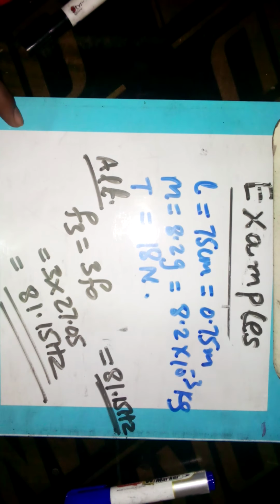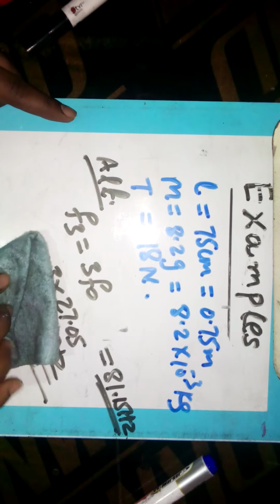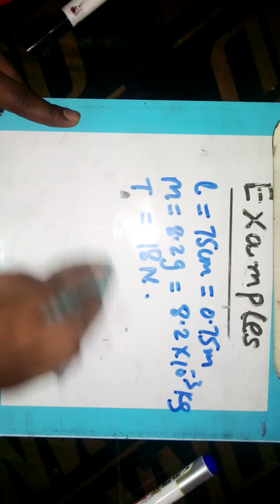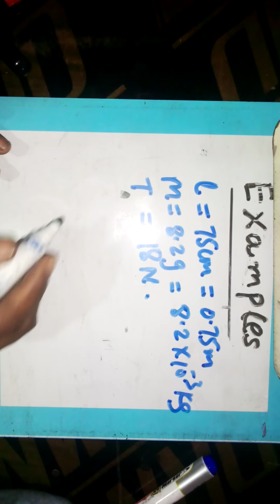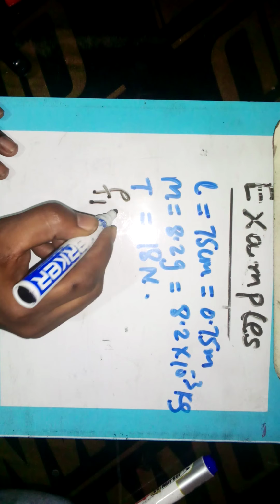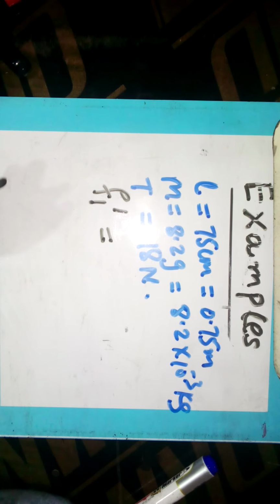The last one is the first overtone. You've been asked to calculate the first overtone frequency, which is F1 bar. I think the formula is known.